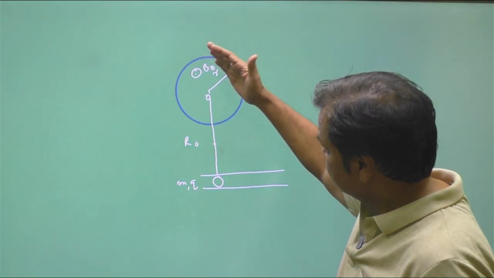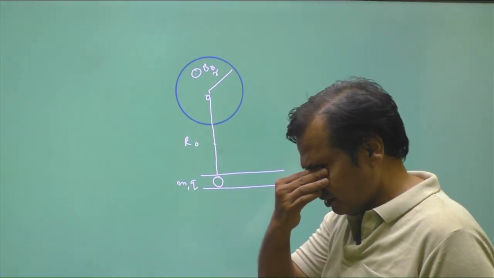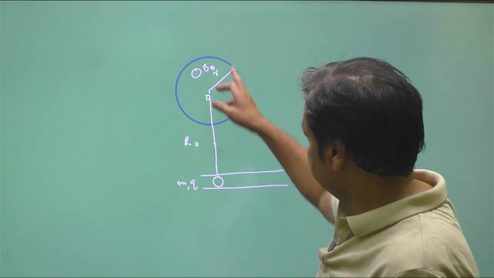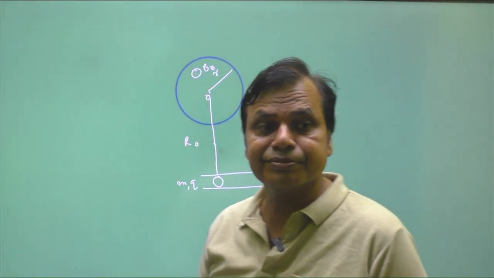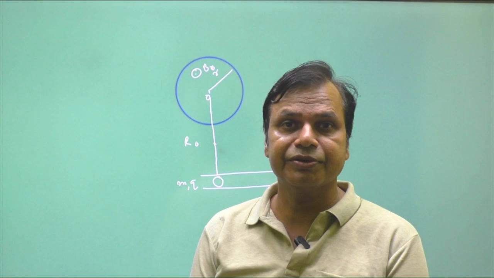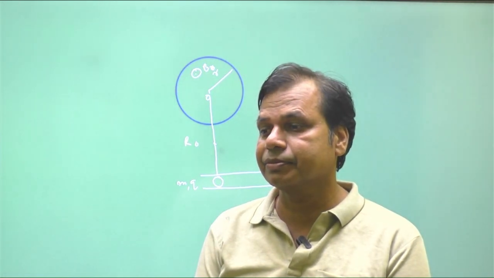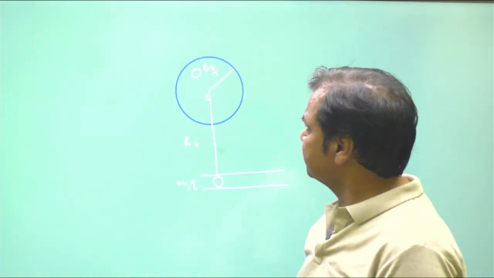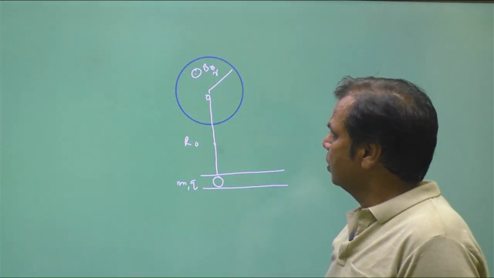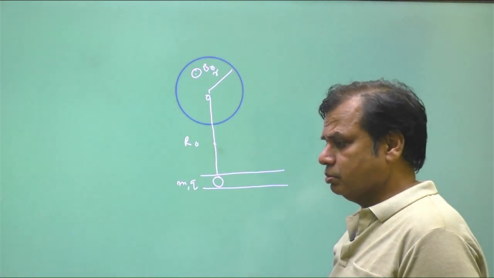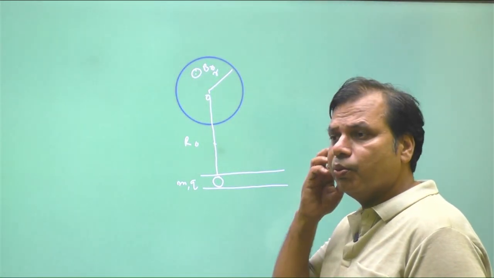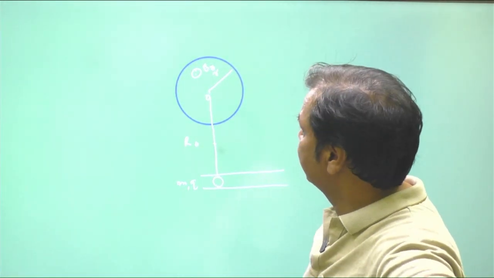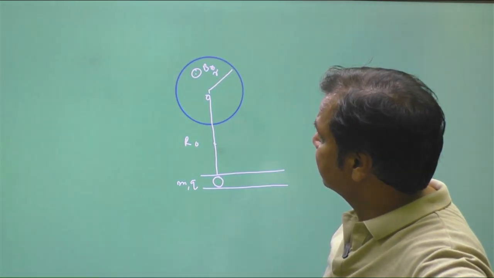So if the magnetic field is decreasing, that means the flux passing through this region will decrease. It will decrease in no time, but it will decrease. So the loop will give rise to an EMF.